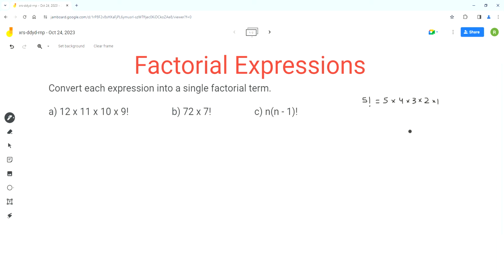Now one interesting thing about this expression is that 3 times 2 times 1 is also equal to 3 factorial, because 3 factorial means multiplying 3 by all whole numbers below 3 all the way to 1. So we can rewrite this as 5 times 4 times 3 factorial.